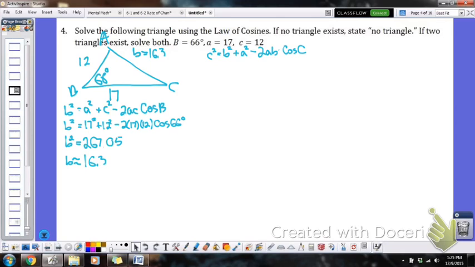I know that c is 12, so I have 12 squared equal to b squared, which we just figured out is 16.3, so 16.3 squared, plus 17 squared minus 2 times 17 times 16.3 times the cosine of c.